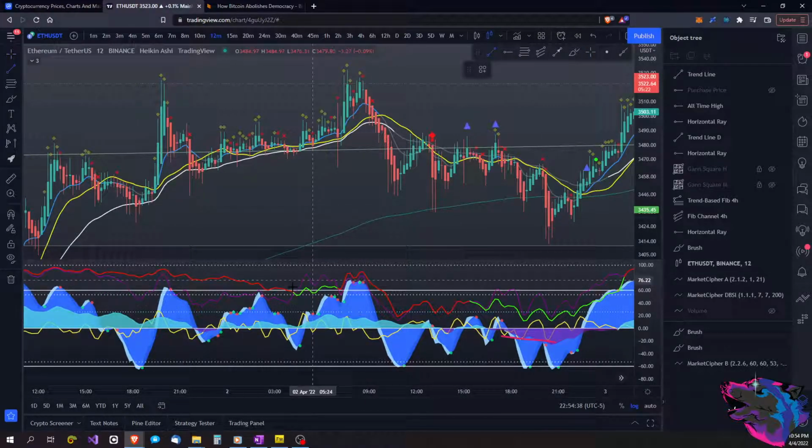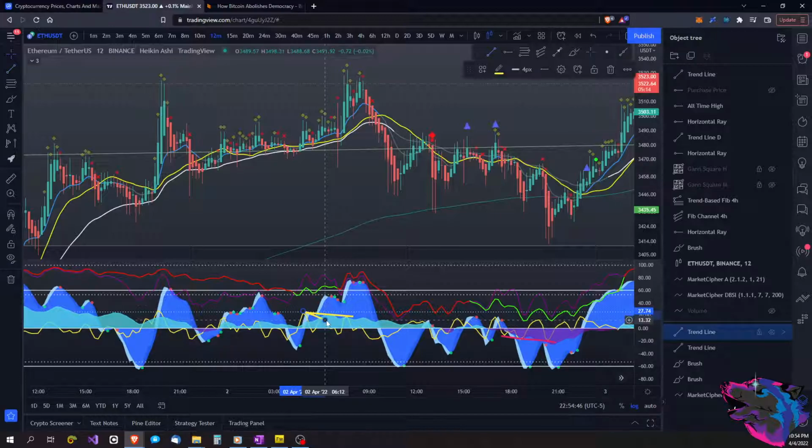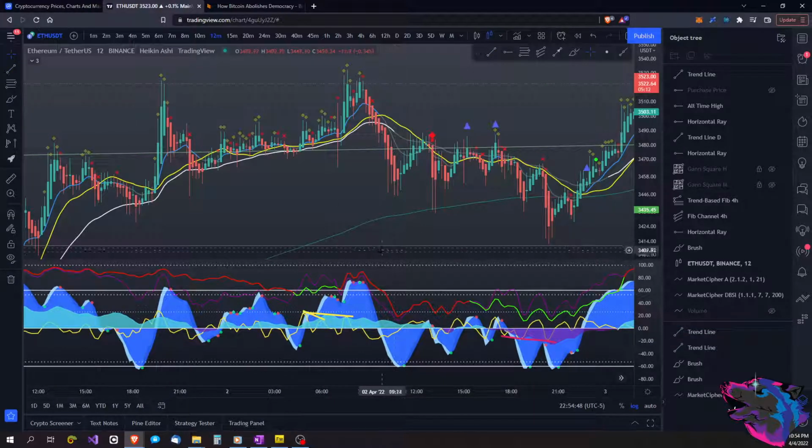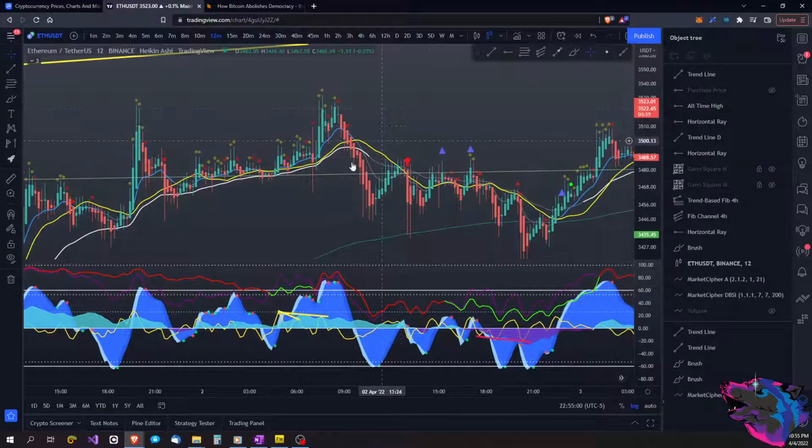Now here, we kind of have two going on. Money flow still increasing on this first little one right there, as well as momentum waves still stepping up fairly significantly.